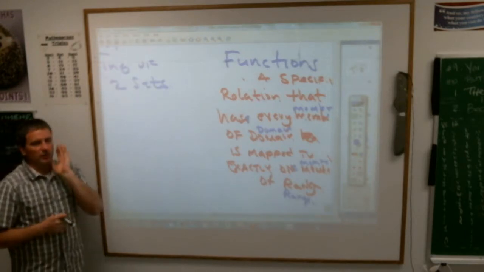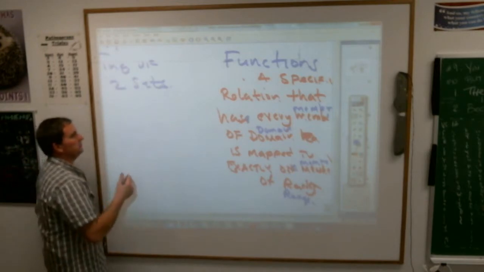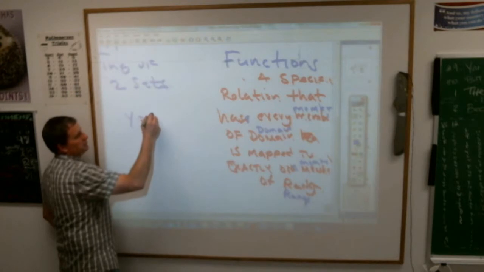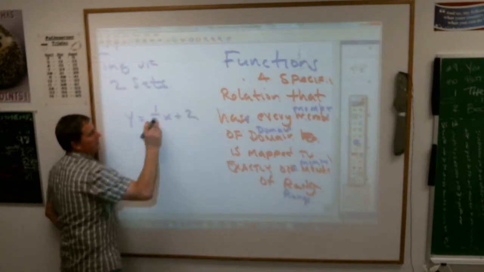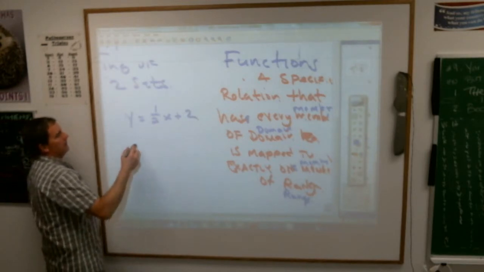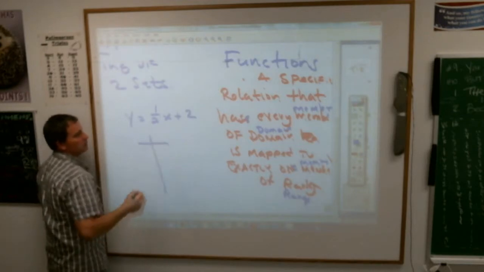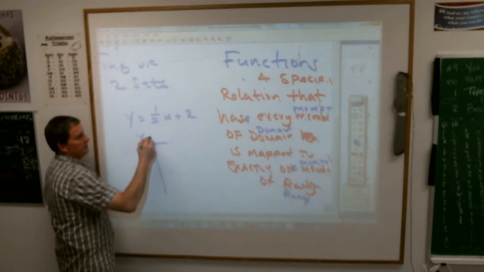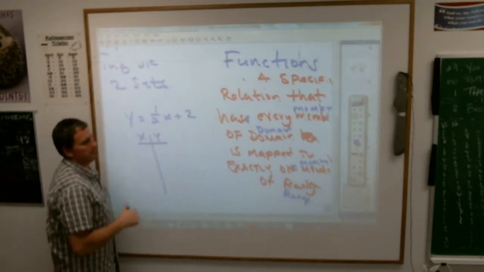Now, a lot of what we've done so far are functions, and you see it a lot. It looks like this, where if y equals 1/2 x plus 2, this is a linear equation, right? Making a table is also called a mapping, okay? And we have our x and y values when we do this mapping.